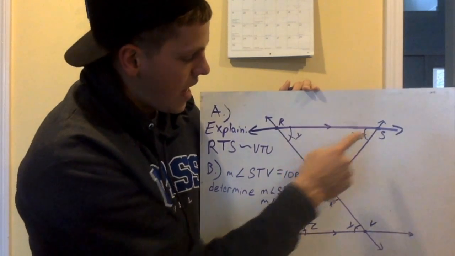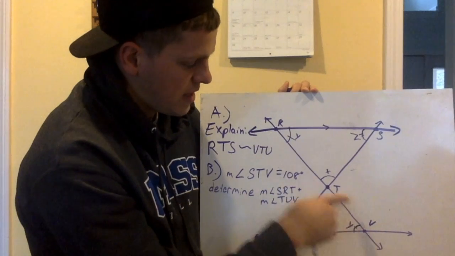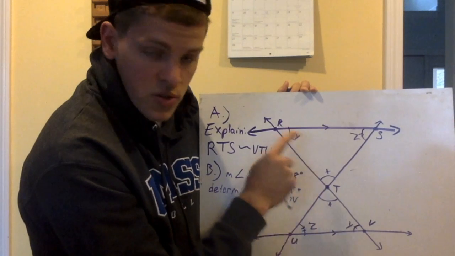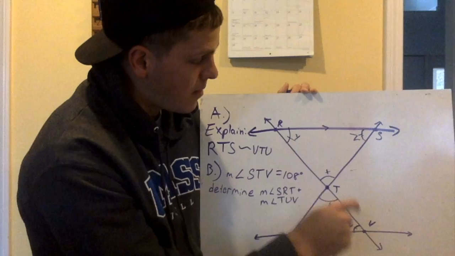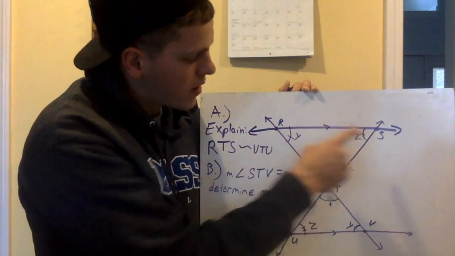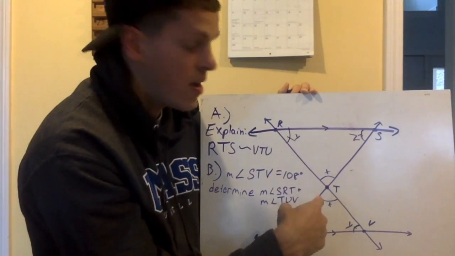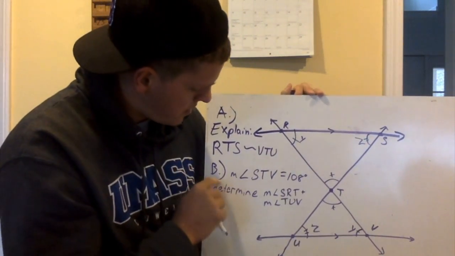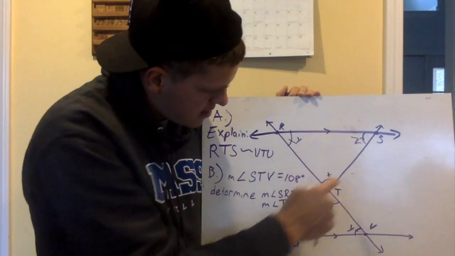And we know that SRT and UVT, or angle Y, are congruent based on alternate interior angles. And then the same thing for angle Z, or RST and VUT. We know that those are also congruent based on alternate interior angles. So that's part A.